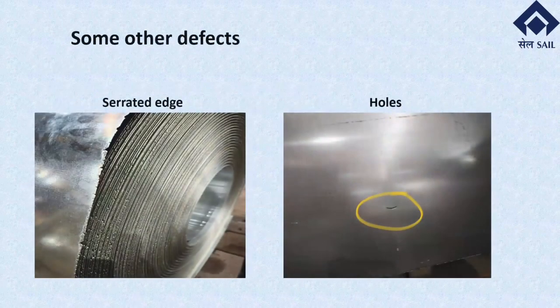Some other defect which we face sometimes, you must have encountered also, is serrated edge. This occurs due to bad trimming at PLTCM due to a bad shape.